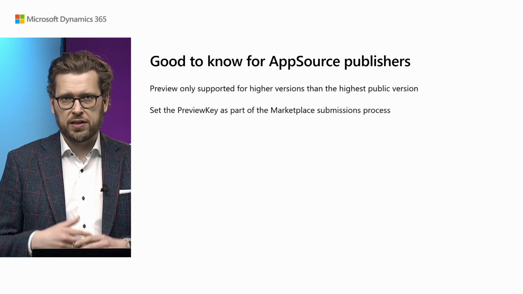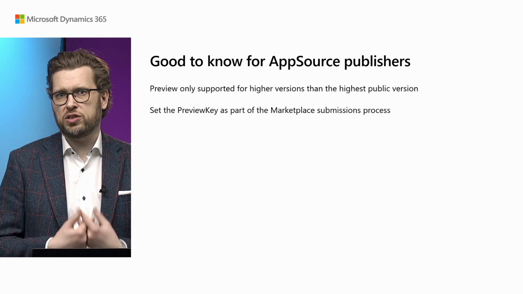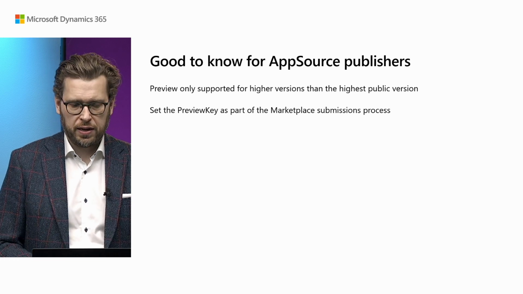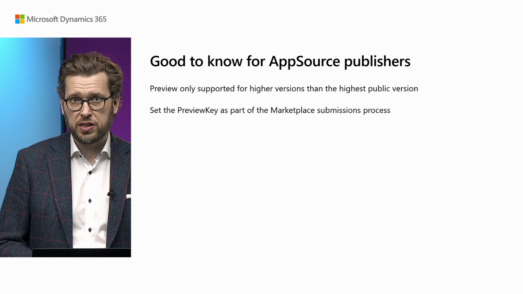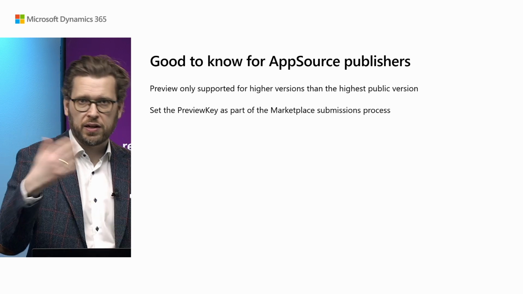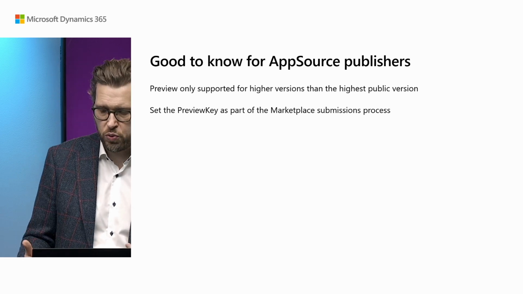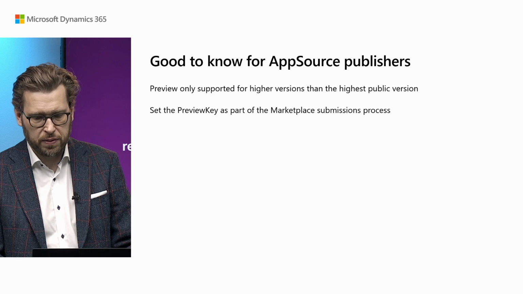Also, as I mentioned before, if you want to use a preview, you have to set a preview key as part of the marketplace submission process, and you have to set it before you submit. You can't submit and then go in and add the preview key for the same version of the app and expect it to work. You have to do it as part of the submit process.